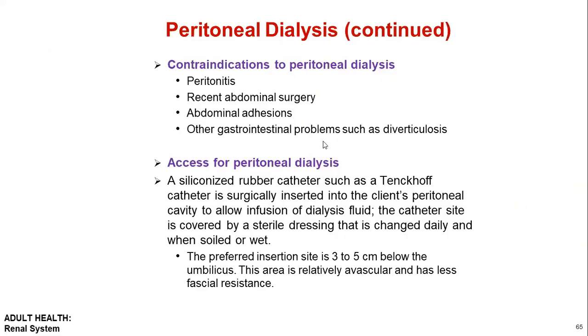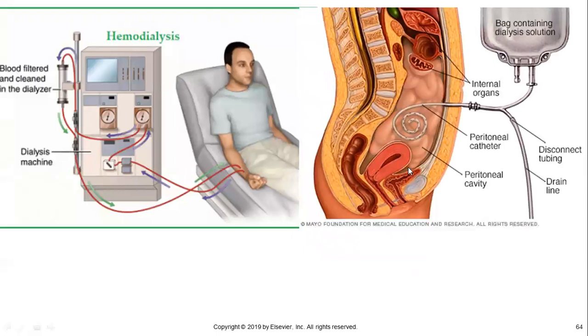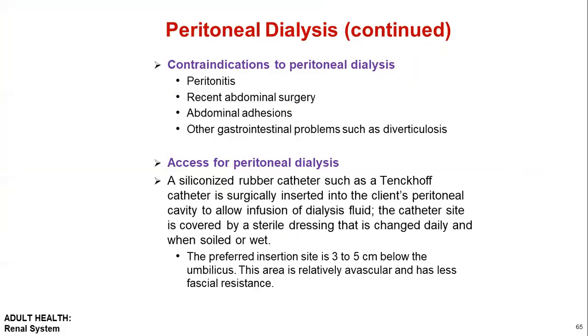And next, what are the contraindications to peritoneal dialysis? In what medical condition are we not allowing peritoneal dialysis? If the patient has peritonitis. Peritonitis means the peritoneal cavity is covered by the peritoneal membrane, and if there is inflammation of the peritoneal membrane, the patient develops peritonitis.